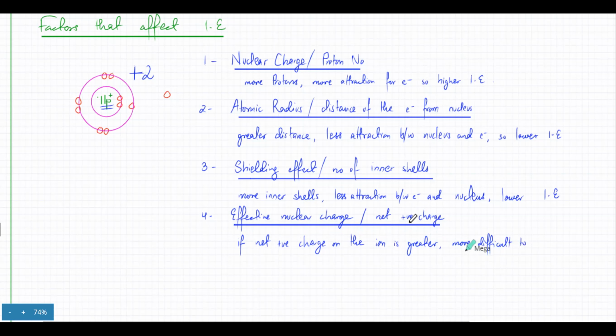Try removing electrons from +5. It would be very hard because it would be very strongly attracting electrons. So it's going to become more difficult to remove electrons, and you're going to have a higher ionization energy, whatever ionization energy we're talking about.